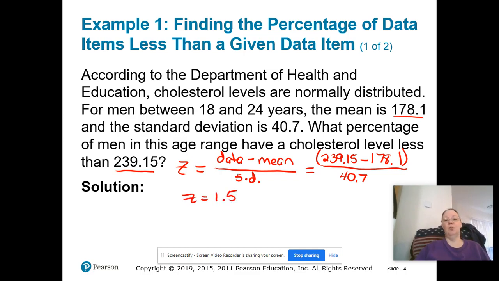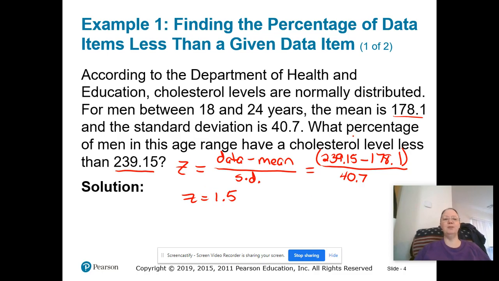So that's just the z-score, okay? A positive z-score means it's going to be more than the mean. This is how many standard deviations we are away from the mean. So above the mean because it's positive.